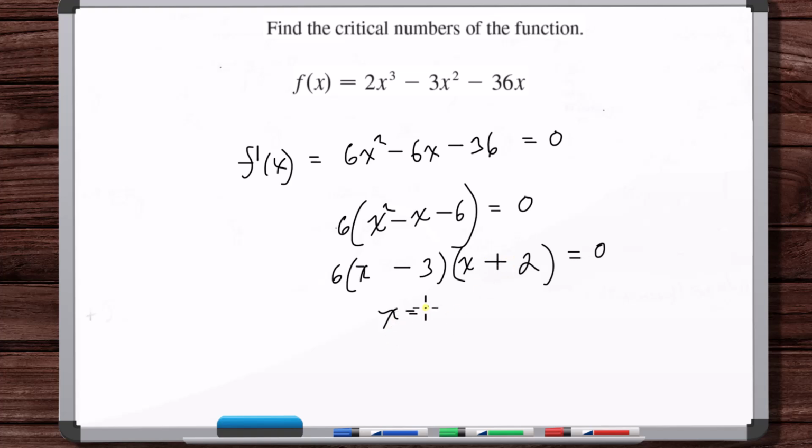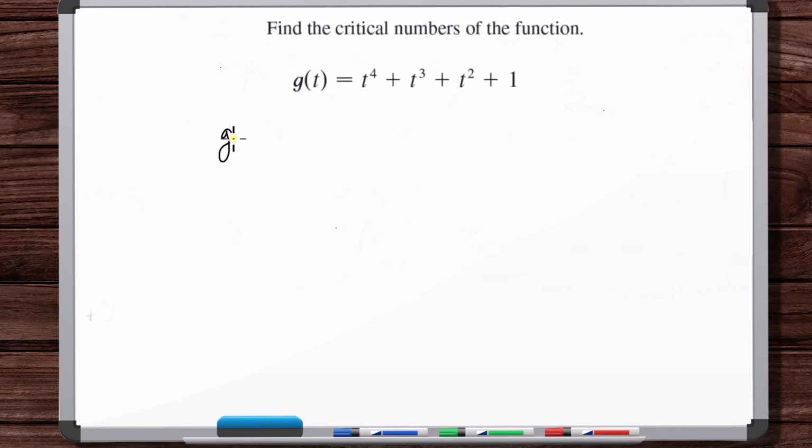So x is equal to 3 and x is equal to minus 2. Those are two critical numbers. That's where the derivative is equal to 0. But is there any point where the derivative doesn't exist? No, this is a polynomial. So these are the only two critical numbers.